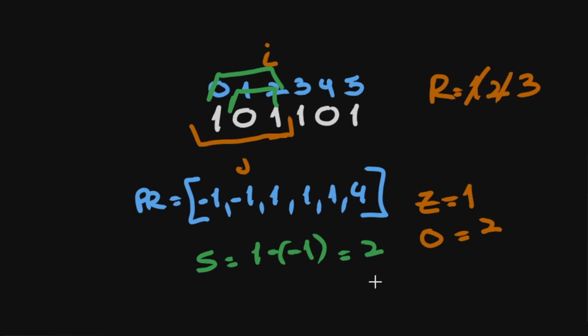So now in terms of the main condition, here we have 2 ones and 1 0, and 1 to the power of 2 is 1, and we need to add 1 for a valid substring. And the result here is 2. And the minimum between 2 and 2 is 2, so we add 2 here and this is 5.